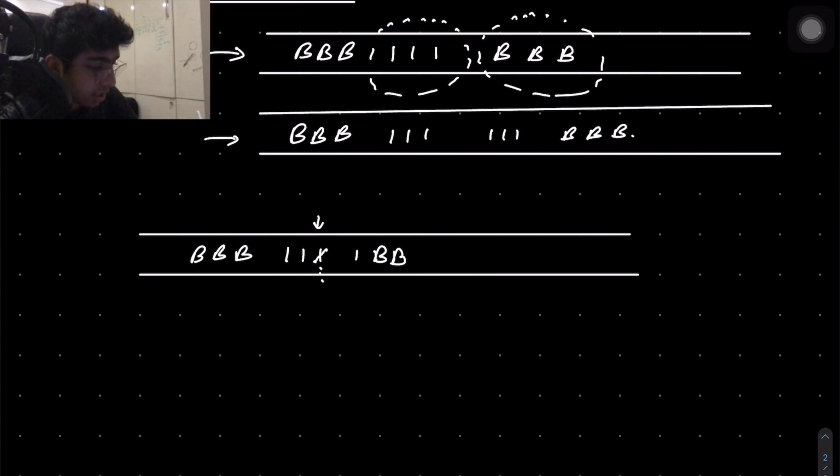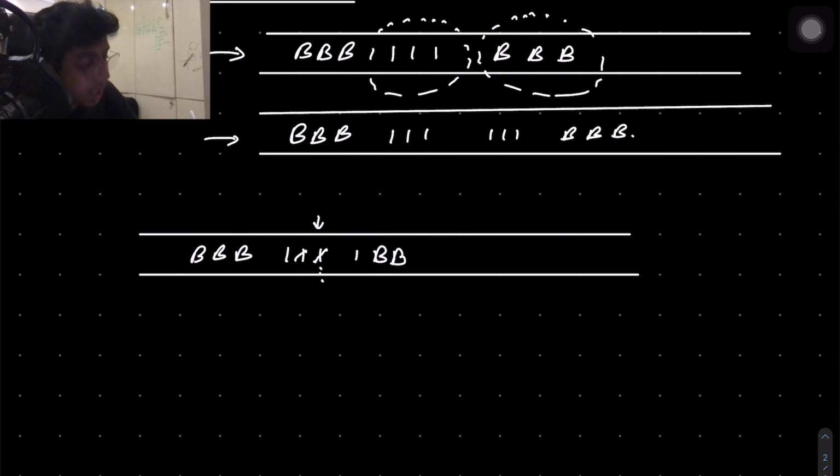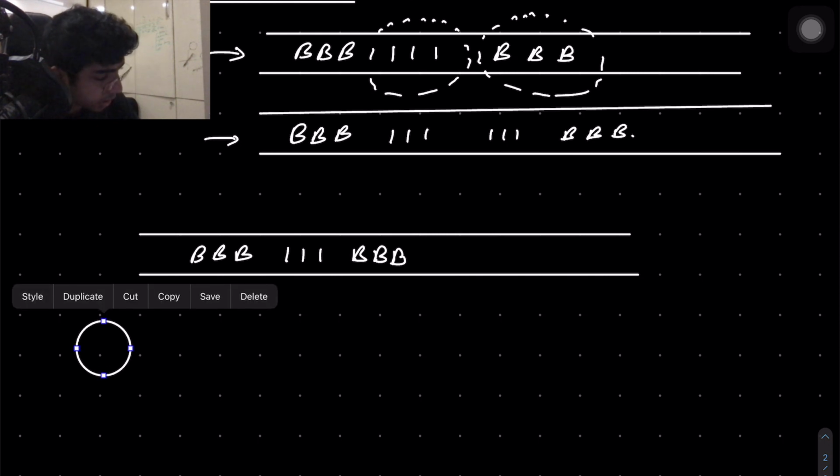Then I'll keep going left until I find the next one. I'll convert this into an X, and then keep going right until I find the next blank, which I'll convert into 1, and keep going again. And again, this thing that we're doing from over here can be done from here as well. You can take any number of approaches to solve this. Okay, so let's see how we'll do what I just mentioned.